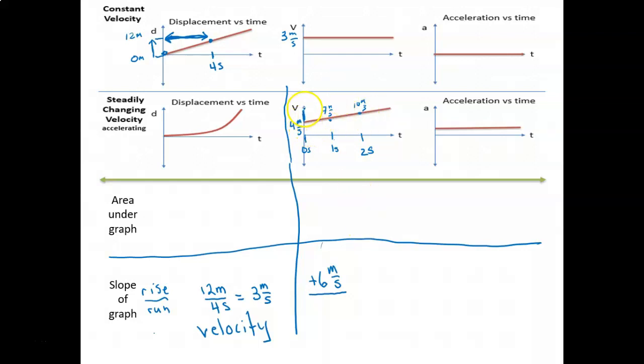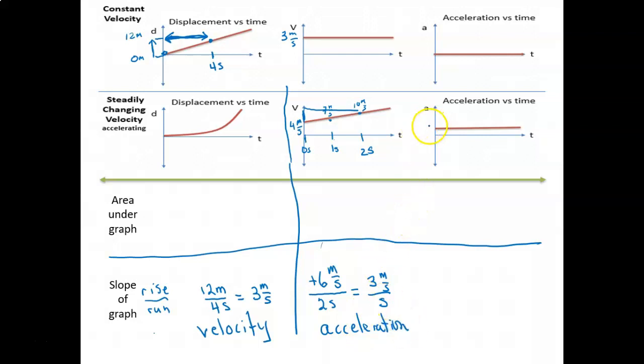And our run, our x-axis, went from 0 seconds to 2 seconds, which is 2 seconds. So what does that represent? 3 meters per second each second. That represents how rapidly our speed is changing, and that is called acceleration.